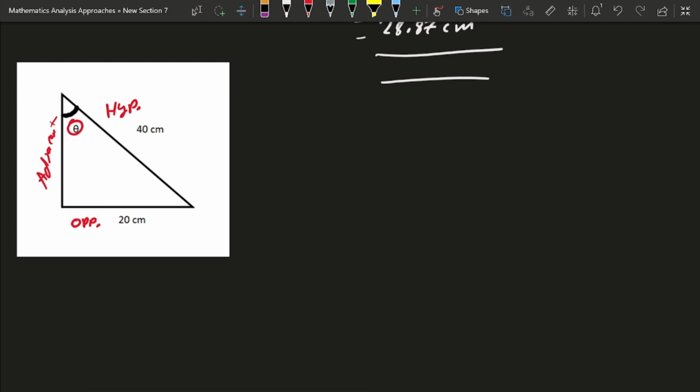So that's sine to the power of -1. And in your calculator, you write sine to the power of -1. Then you write, remember, the opposite, which is 20 centimeters, divided by the hypotenuse, which is 40. And if you hit execute, you will get 30 degrees.